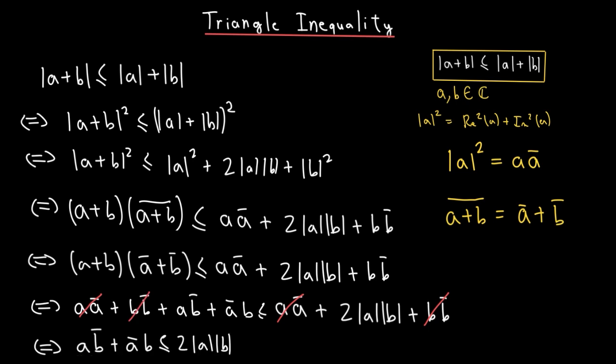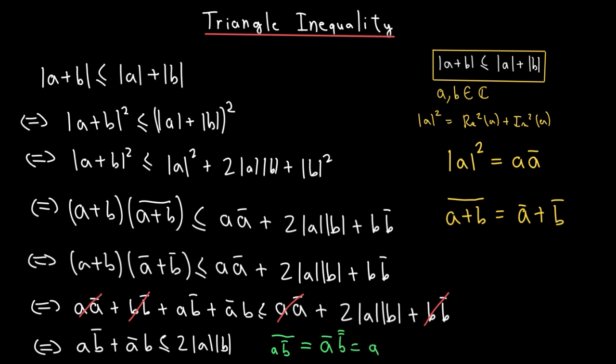Now, what's great about the expression on the left-hand side is that the two terms are actually conjugates of each other. And to see this, we can show that the conjugate of the product of a times the conjugate of b is actually the conjugate of a times the conjugate of the conjugate of b. But the conjugate of the conjugate of b is just b itself.